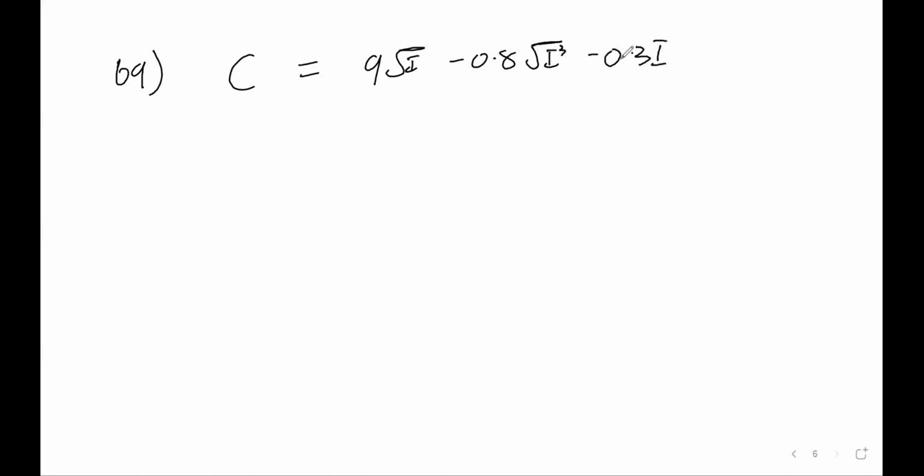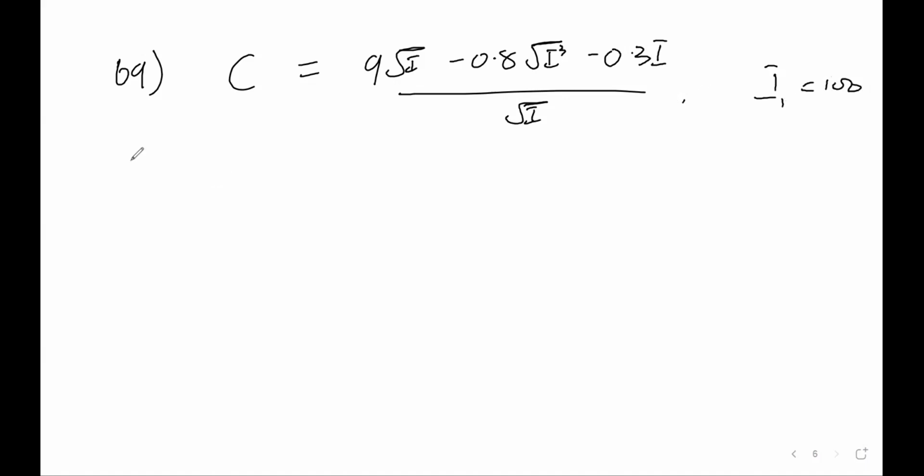This is number 69: given that C, the consumption function for a country, is 9 root I minus 0.8 root I cubed minus 0.3 I over square root of I, you are asked to find the marginal propensity to consume and to save when I is 100.